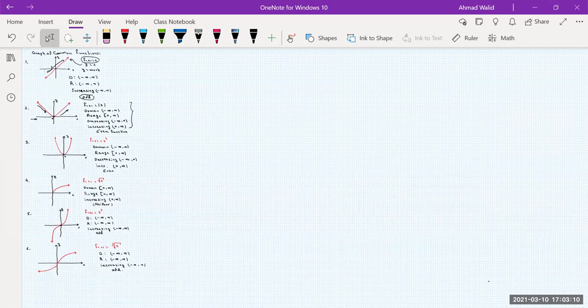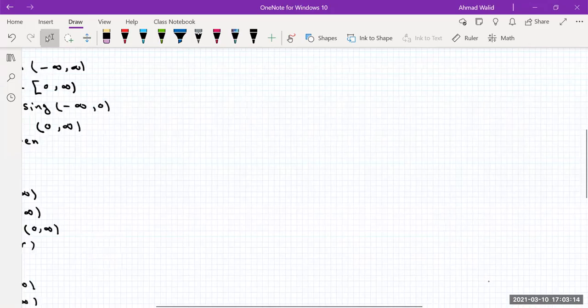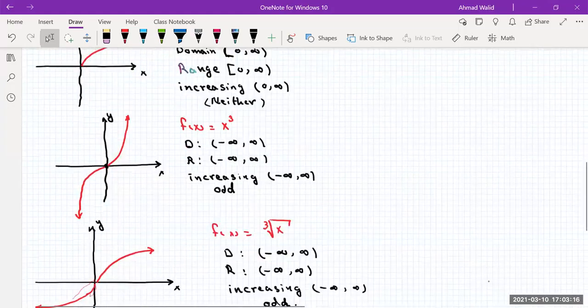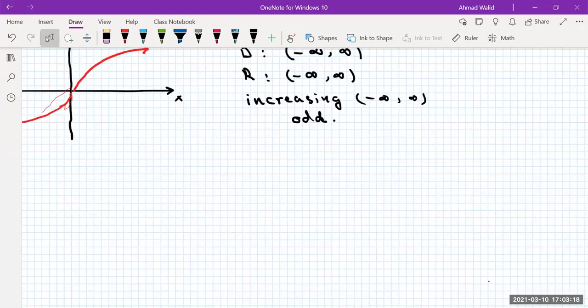A good table is on page 283 of your book, correct? If you go to page 283 of your book, all the functions are there.